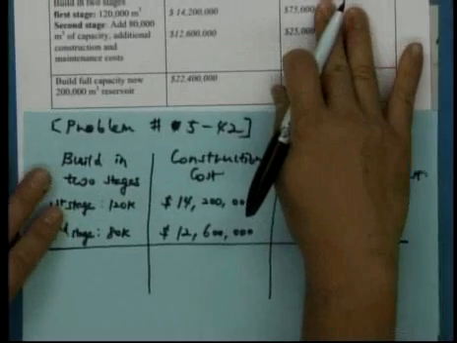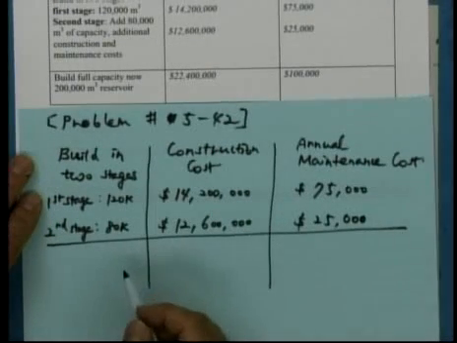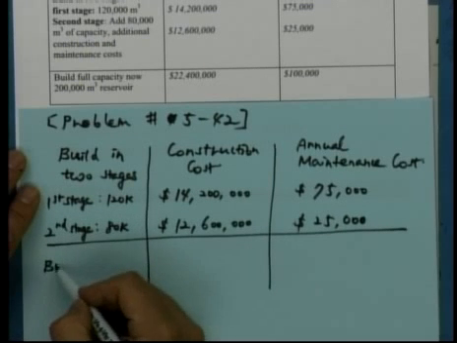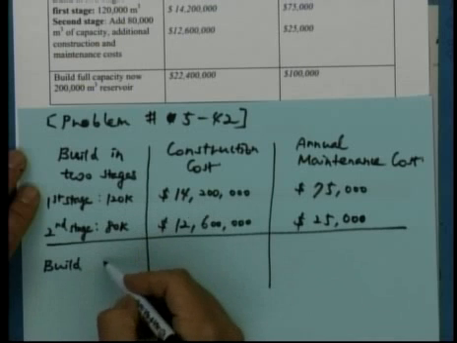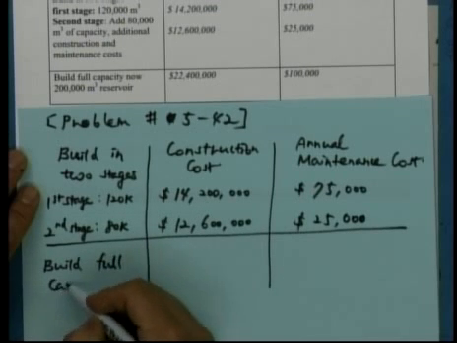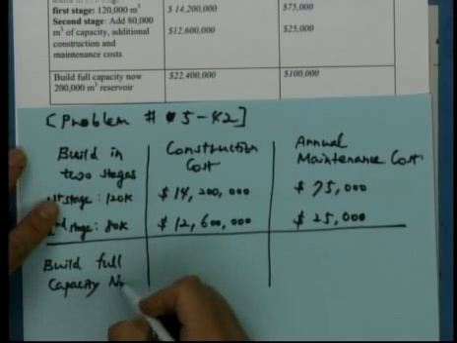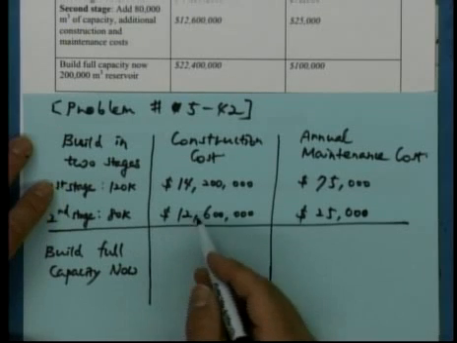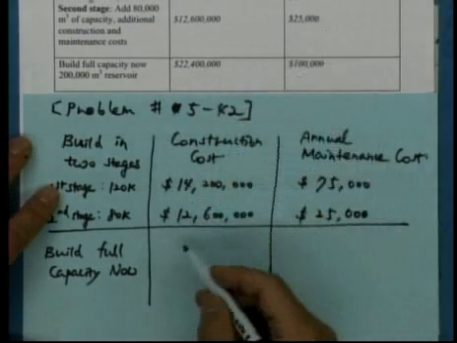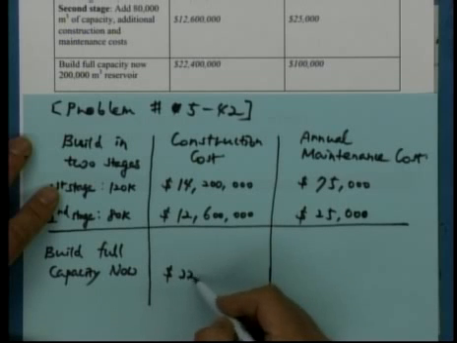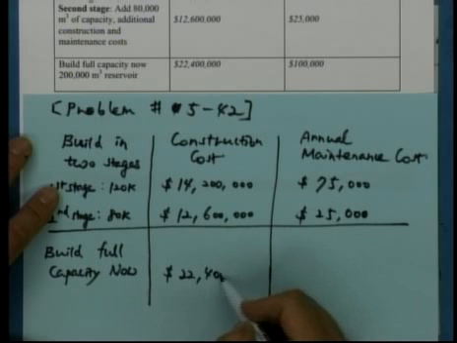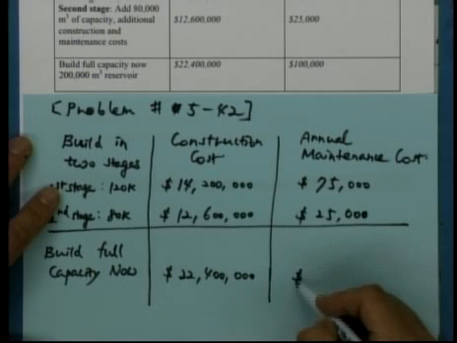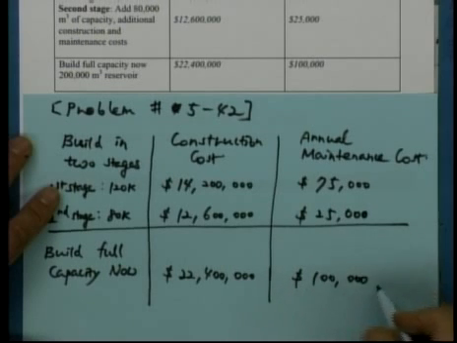And if the reservoir is built full capacity right now, then the required construction cost would be $22,400,000, and annual maintenance cost would be $100,000.